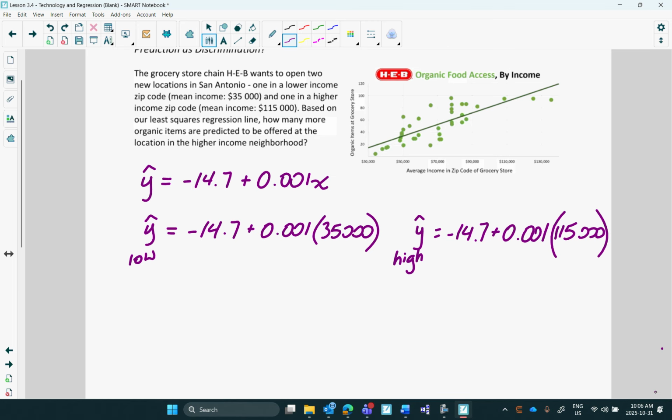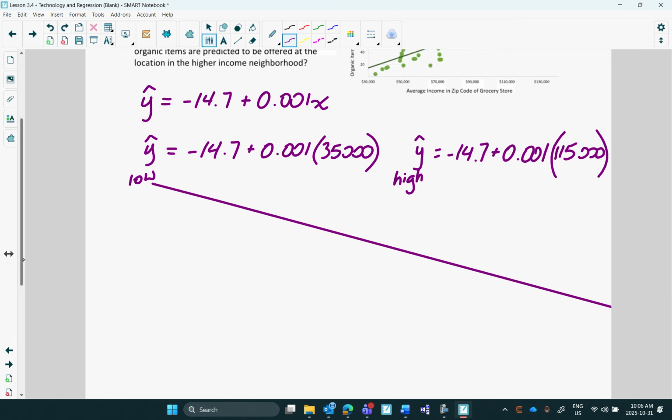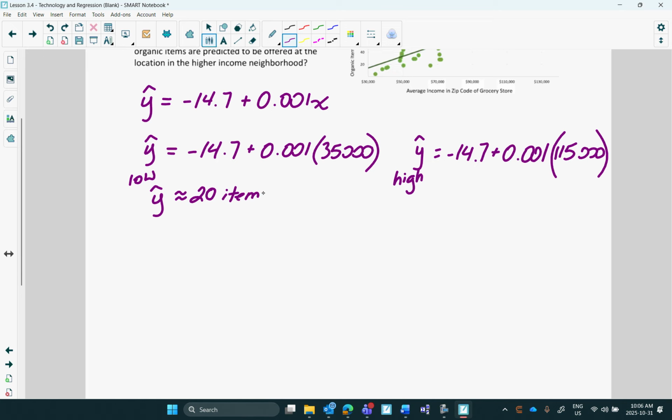So when you do that, might as well round it to the nearest whole number. We get approximately 20 organic items will be offered in the lower income new location, and approximately 100 organic items will be offered in the higher income location.